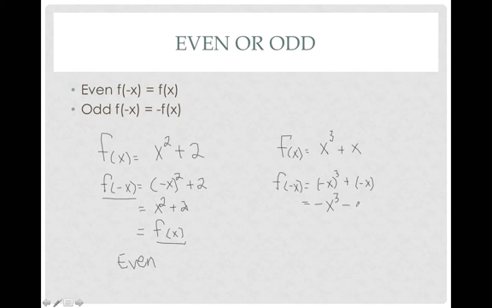And plus and minus becomes minus. And what I notice here, this has a common factor of -1. And what I really notice here is this is the opposite of the original function. So the original function was x cubed plus x, and therefore it's equal to the opposite of f of x. And therefore, since this statement right here is true, it is odd.